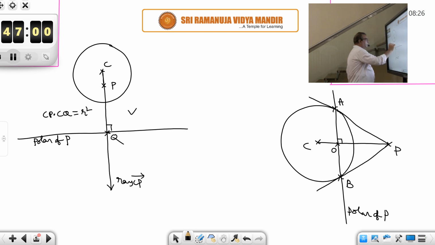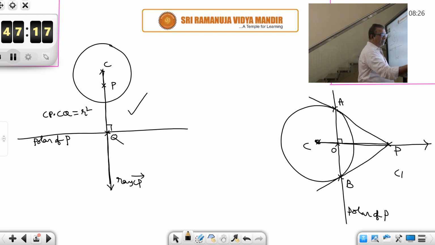This construction, what I have mentioned, is that I have to join CP and produce in only one direction. I have joined CP and produced in only one direction. But now because P is outside the circle, CP is greater than R. Therefore, on this ray CP we have to locate a point Q such that CP into CQ is equal to R square.